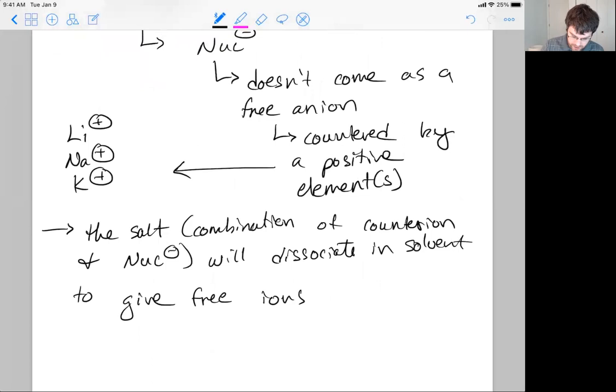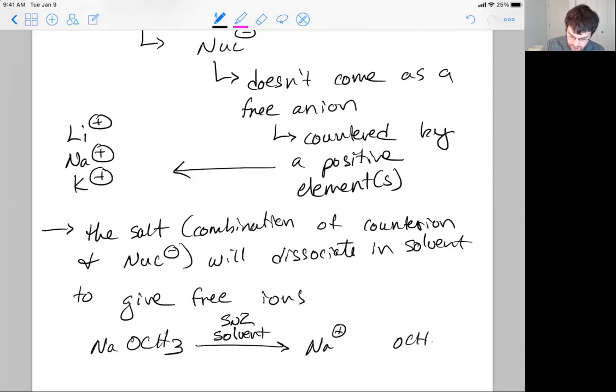That is to say that if we take our NaOCH3 and we put that into some solvent that's appropriate for the SN2 reaction, these things will actually float around as Na plus and OCH3 minus.